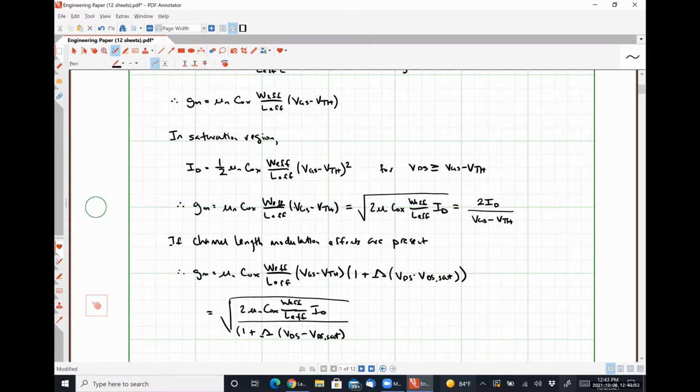I'm going to ask you what I hope is a very easy and obvious question. Is the channel length modulation transconductance only valid during triode, saturation, or is it valid for both? Saturation only, right?